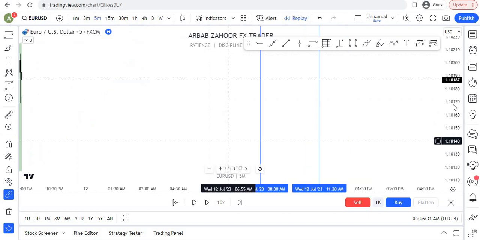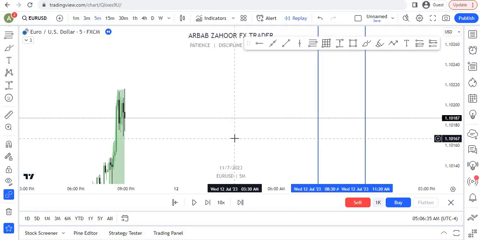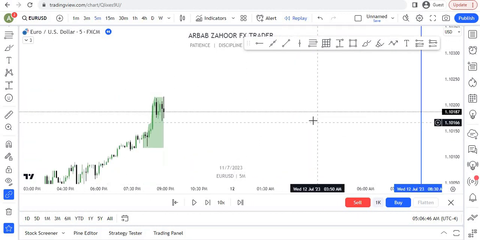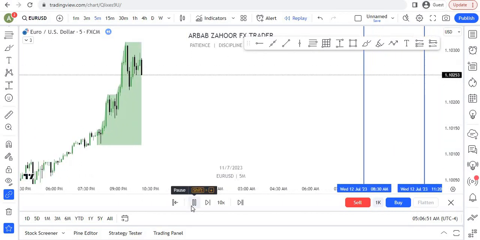Why 11:20? Because ICT said many hedge fund managers or company managers don't sit for lunch until 12, they go at 11, so you will often see the volatility after 11 a.m. is less. So we have found the daily bias.